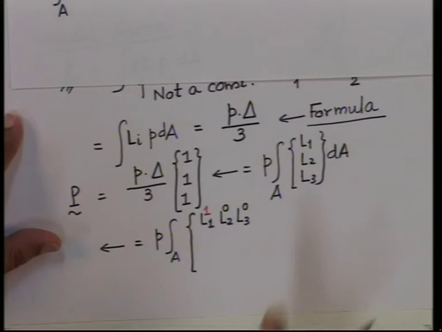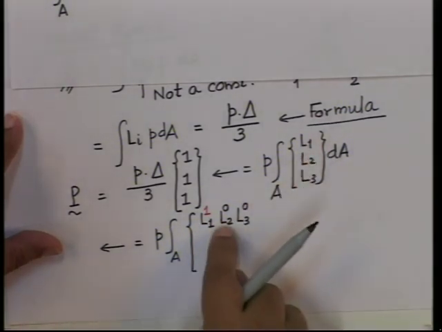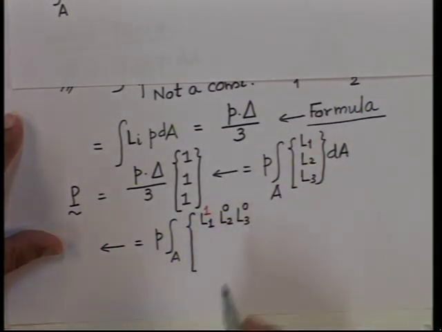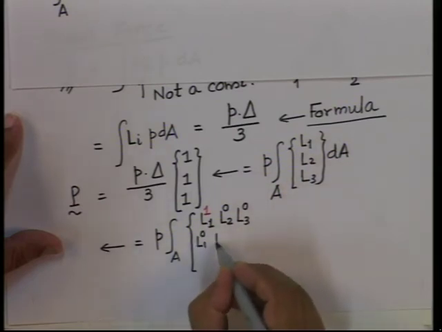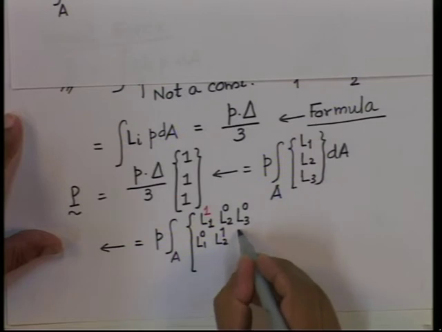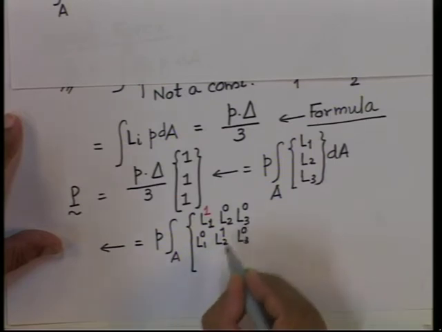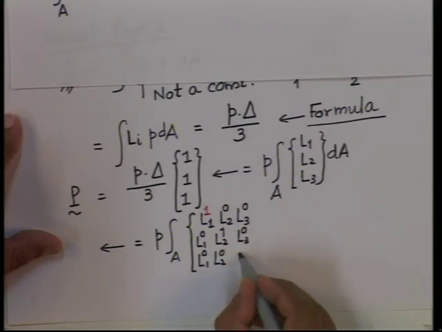So the first one is L1 to the power 1, L2 to the power 0, L3 to the power 0. Similarly, the second one is L1 to the power 0, L2 to the power 1, L3 to the power 0, and the third is L1 to the power 0, L2 to the power 0, L3 to the power 1.